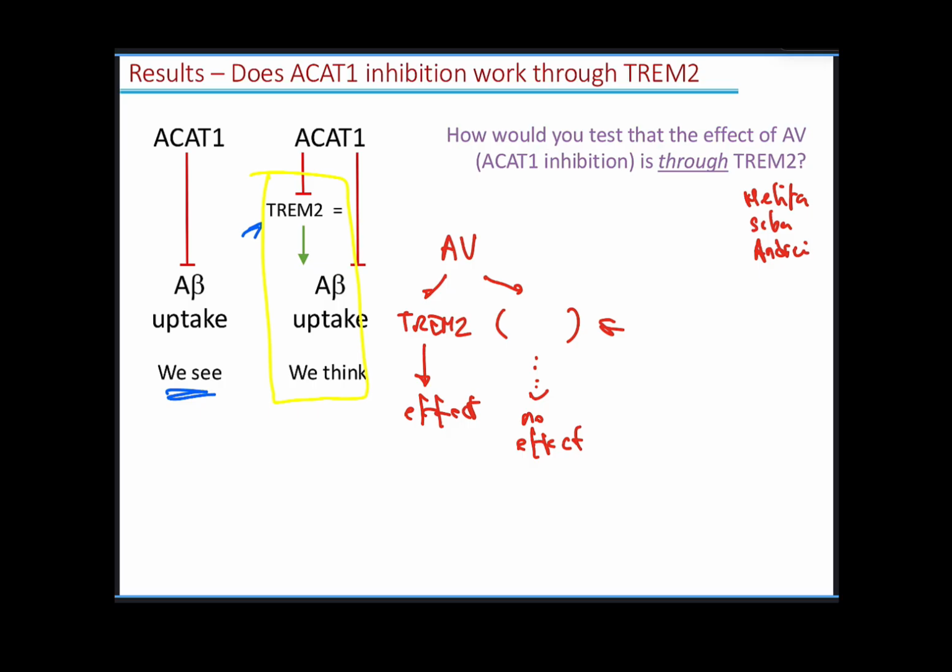What was more important now is, as Melita was pointing out, and in a way Arshia was reinforcing, showing that it is through TREM2 that AV functions to induce A beta uptake. Okay? I think I got everybody.